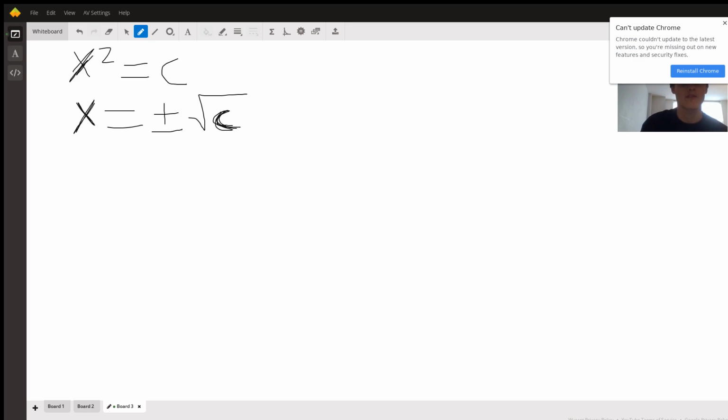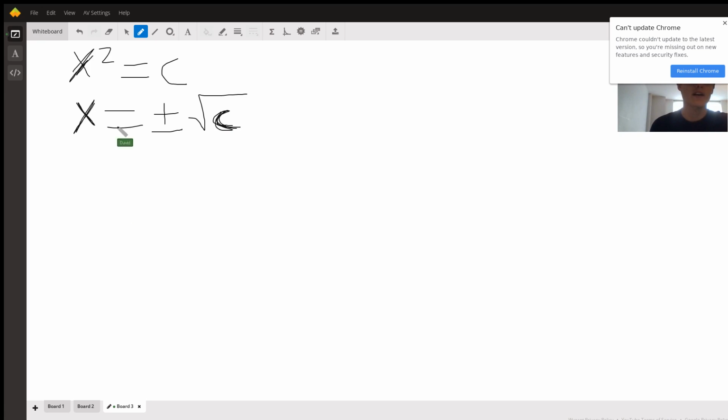But there is no square root of c, we saw. There's nothing that we can square to get c if c is negative. Unless you've learned about complex numbers, in which case it's perfectly fine to talk about the square root of a negative number. It's just a complex number. And x equals plus or minus the square root of c is the right way to write the answer.